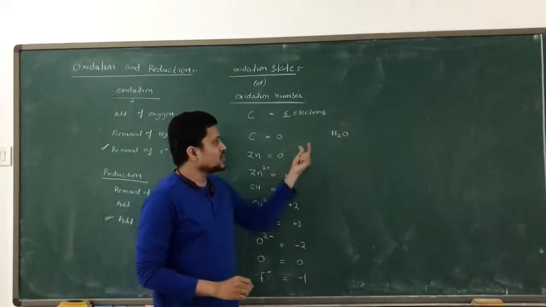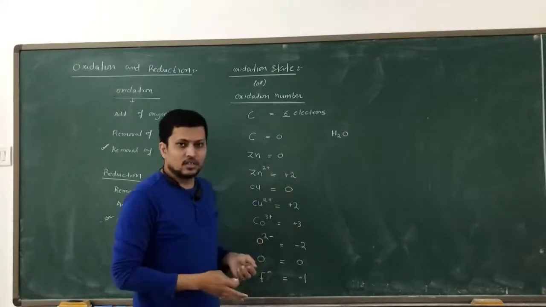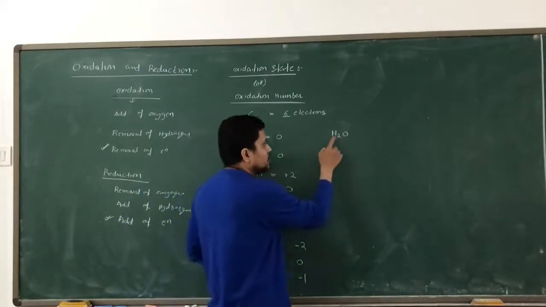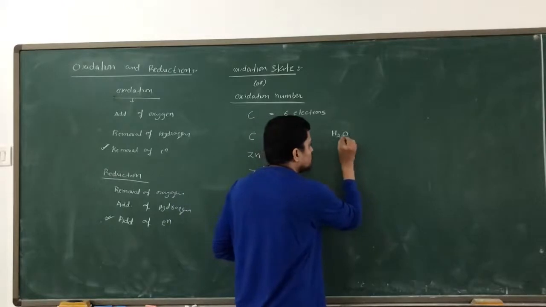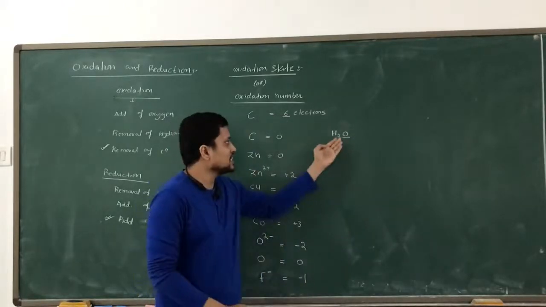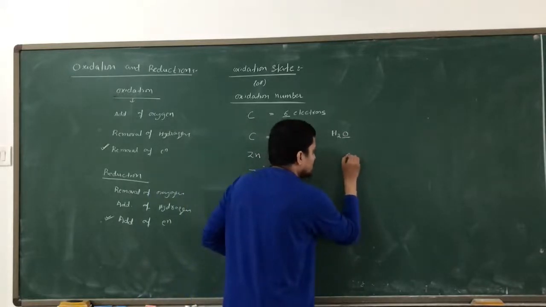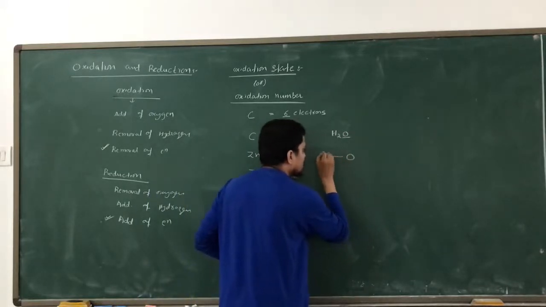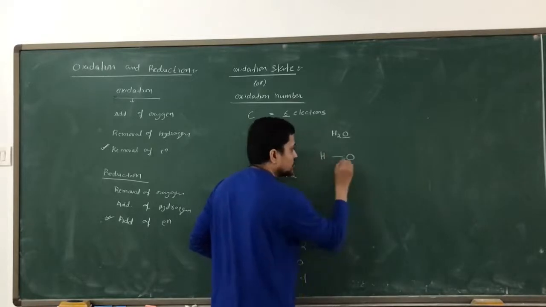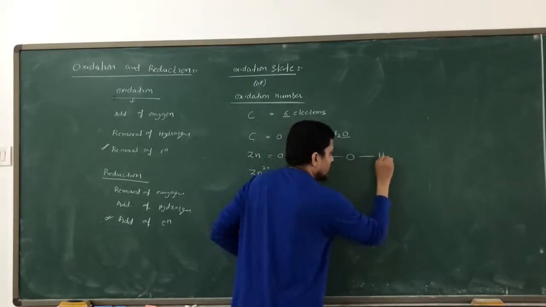What is the oxidation state of oxygen? Suppose they are asking. We are not seeing charges on the oxygen, but we must know the structure of the compound is actually like this: oxygen with one hydrogen, another one with hydrogen.